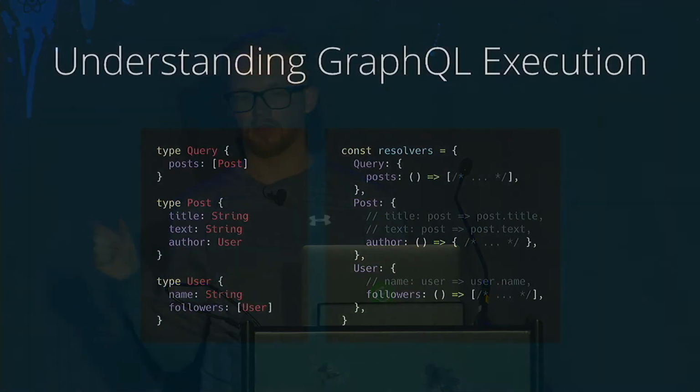Awesome. So for the next steps I want to walk you through a bit of a more advanced GraphQL server, and mostly what a GraphQL engine actually would do in terms of invoking your functions at the right time.